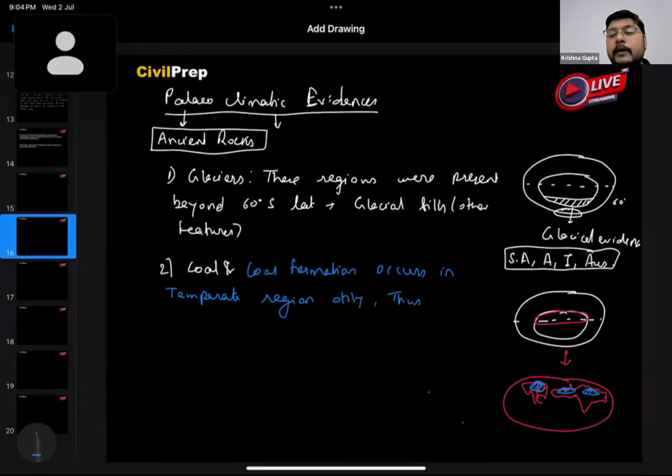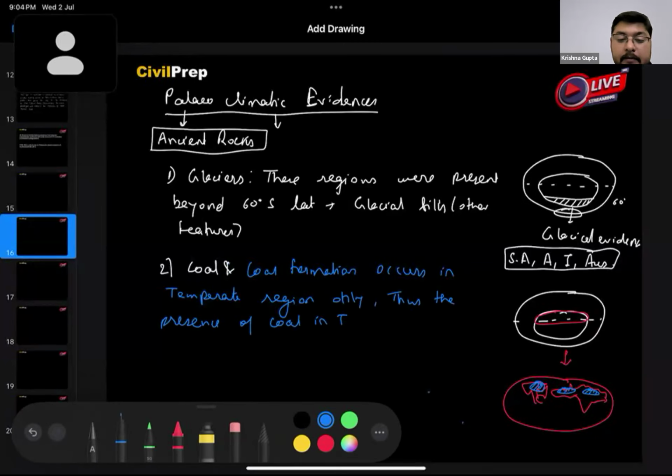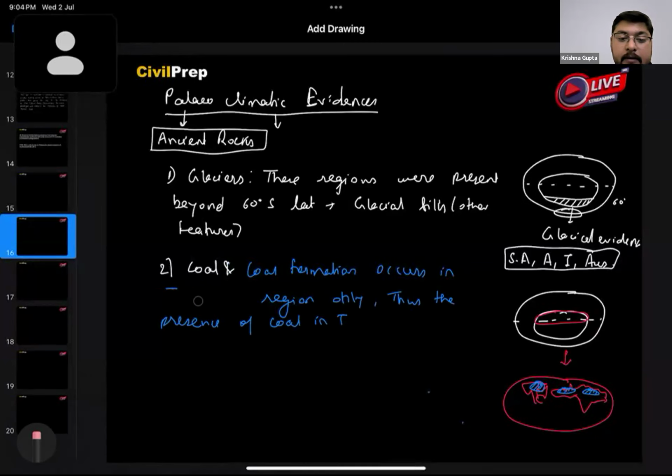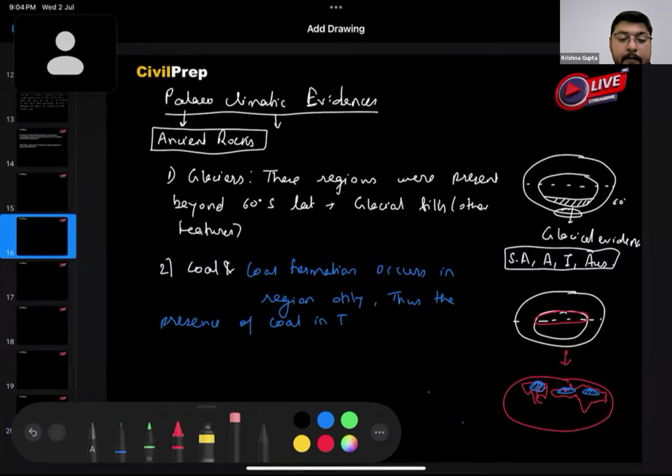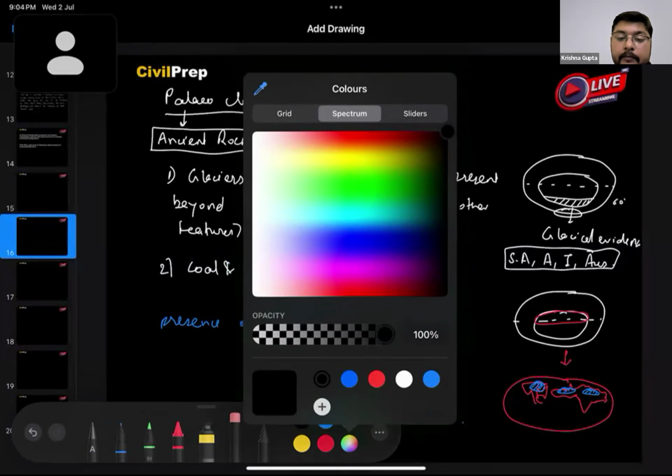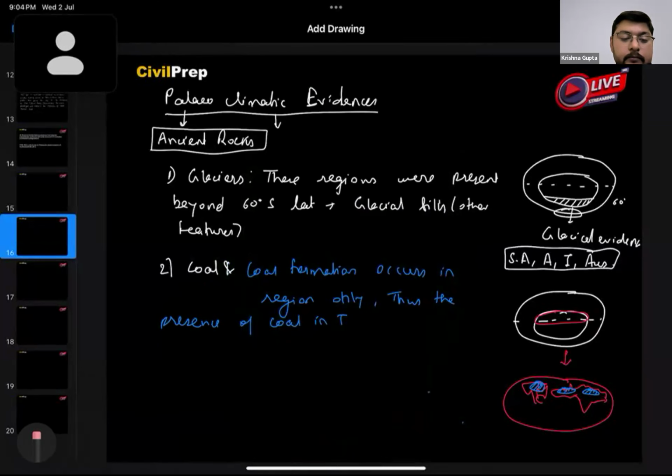Thus, the presence of coal in, no, it is not temperate, it is the tropical region. Just correcting this. Coal formation occurs in the tropical regions only.